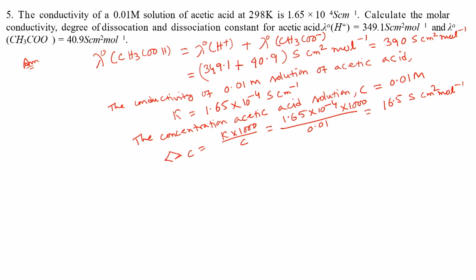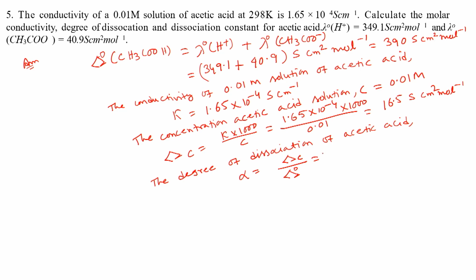So, lambda c we have got and lambda naught also we have got. So, we can calculate degree of dissociation of acetic acid. If we call this one alpha, we write alpha is lambda c by lambda naught, right.